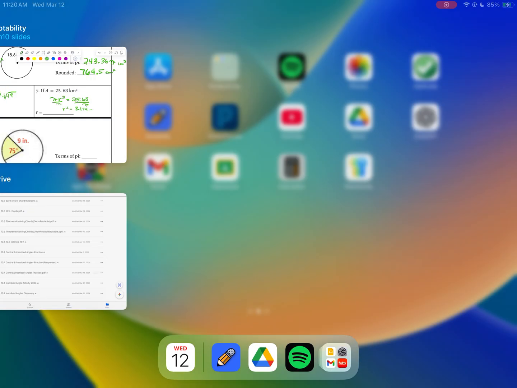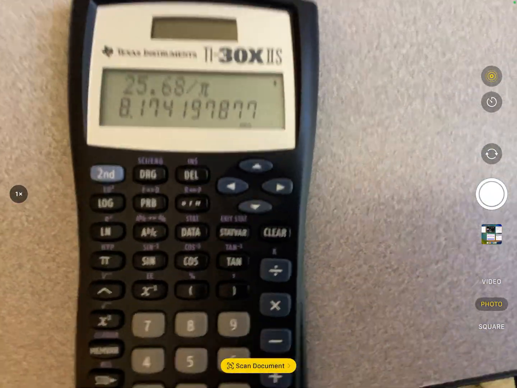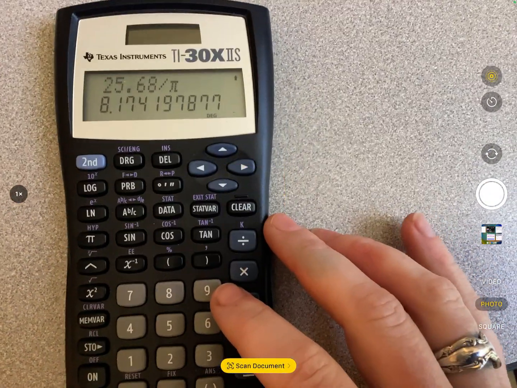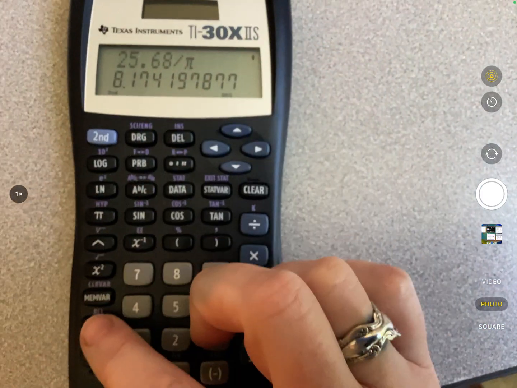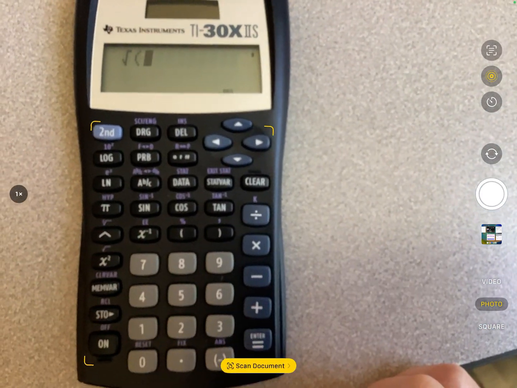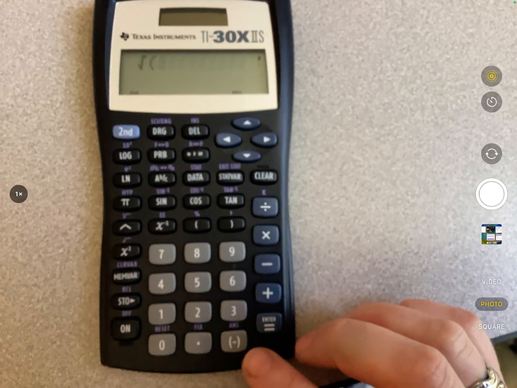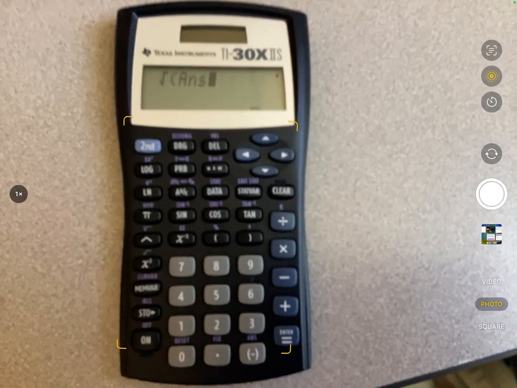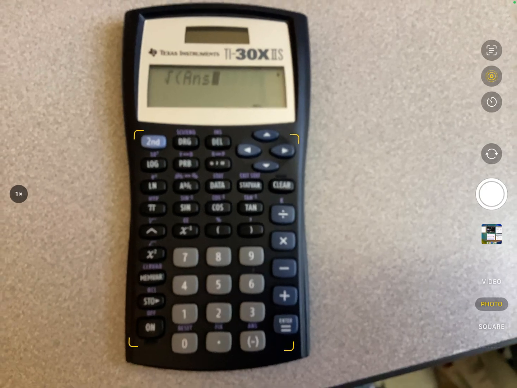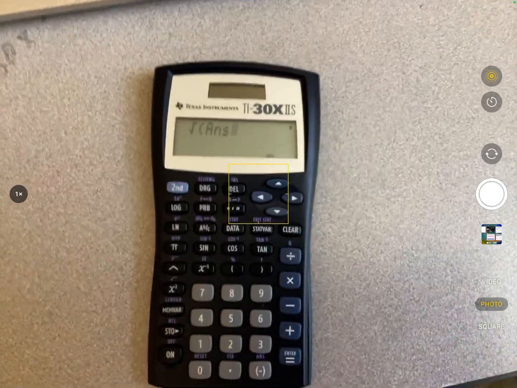I need the square root of this number. So I'm going to go second, square root. And then y'all see that A and S down here? Second, A and S. So that says the square root of the previous answer.